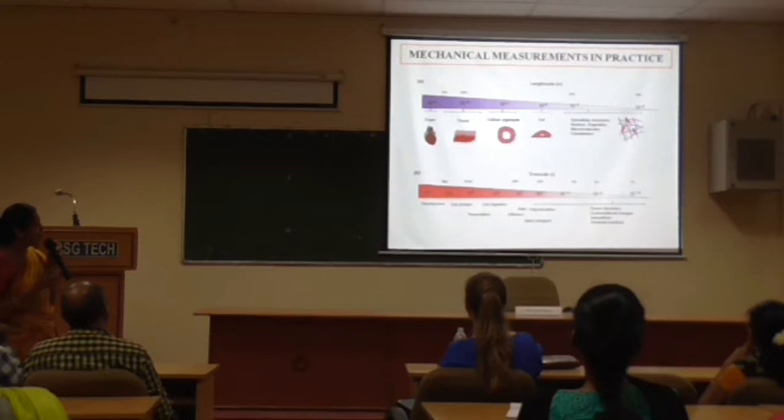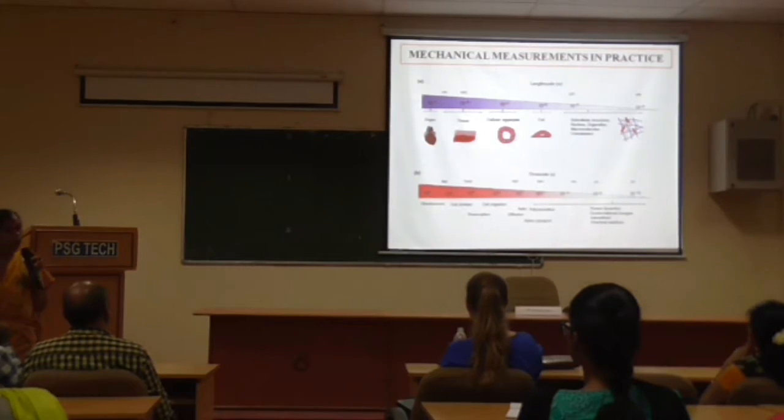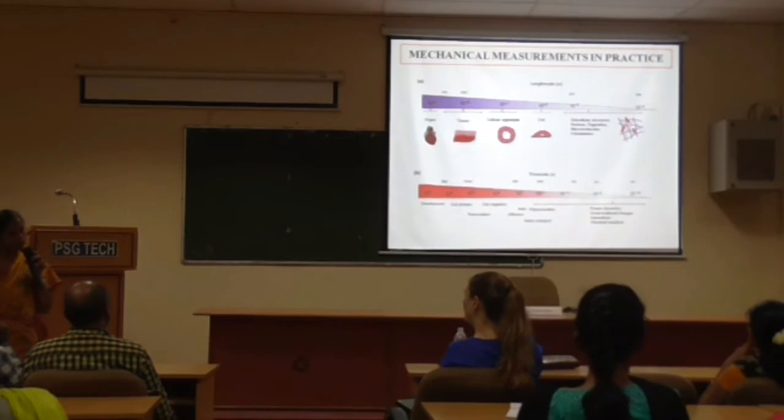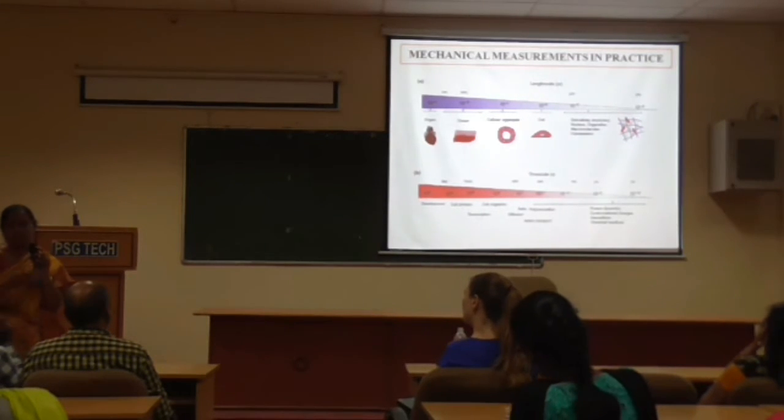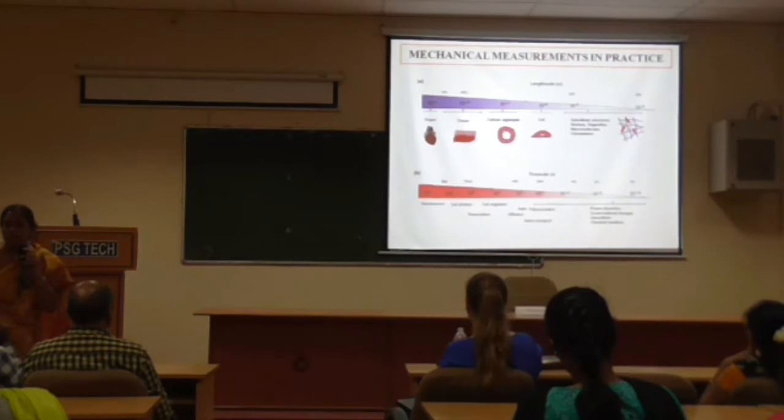In the length scale, we know what material you want to characterize: nanomaterials, micromaterials, or larger materials like tissues or organs. So depending upon the length scale of the material, you have to select a suitable technique. Obviously the entire focus of ours will be on nano scales.